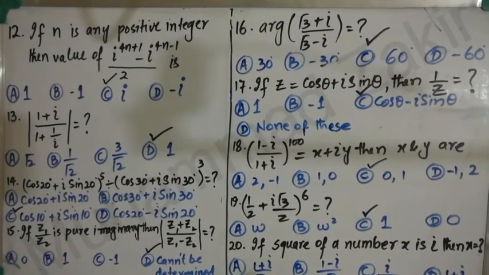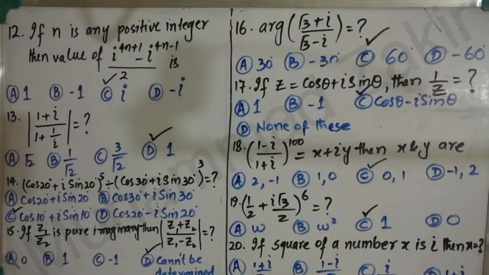Student, if we see the next question, it is: if the square of a number x is i, then what is that number, what is that x? We start solving from the first value. The first value given here is (1 + i)/√2. If this is x, its square, he says, is i.